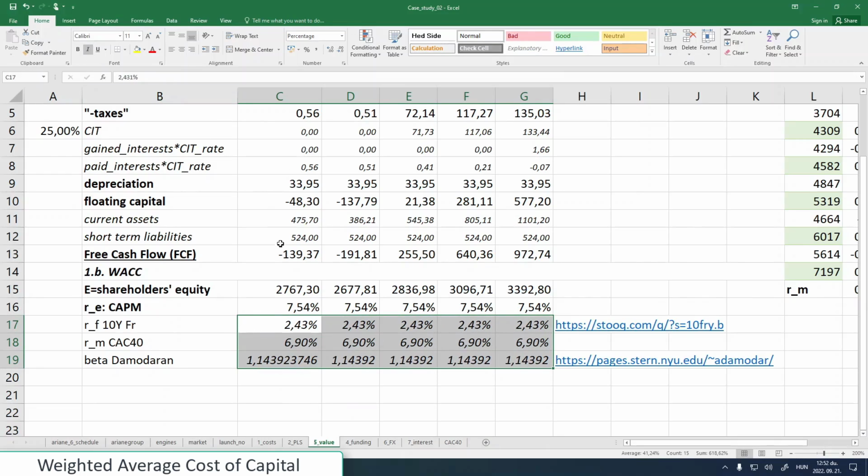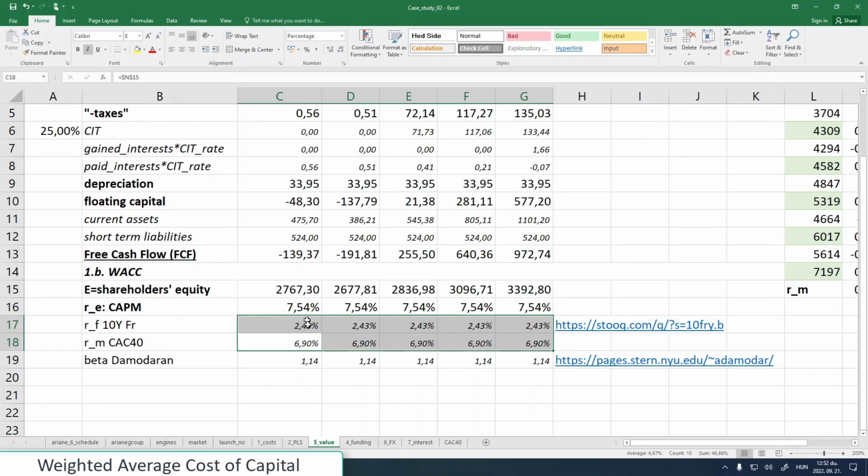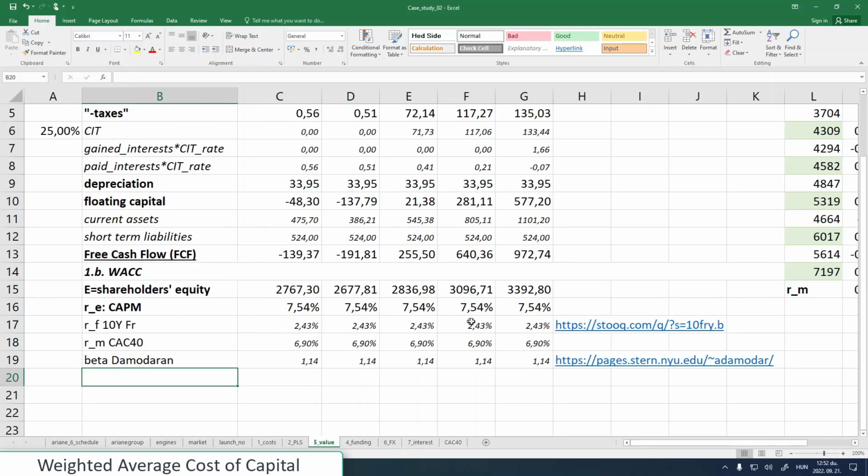It's not that elegant, but good enough. So we can say that we have to expect at least 7.5 or 5% from the bond.